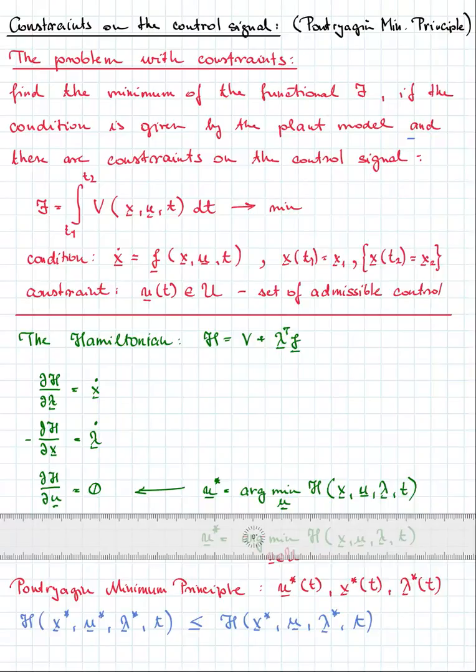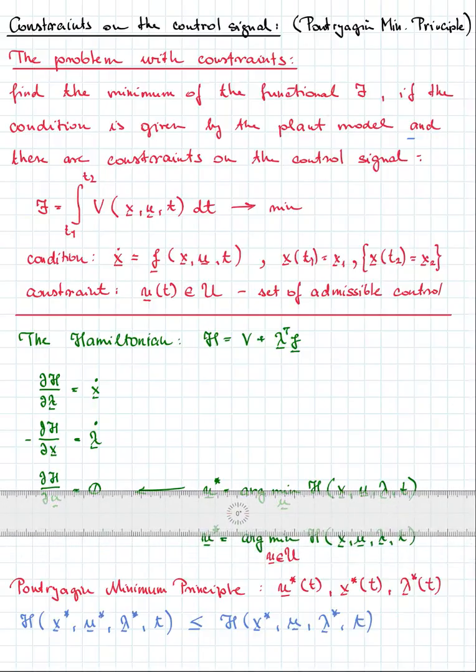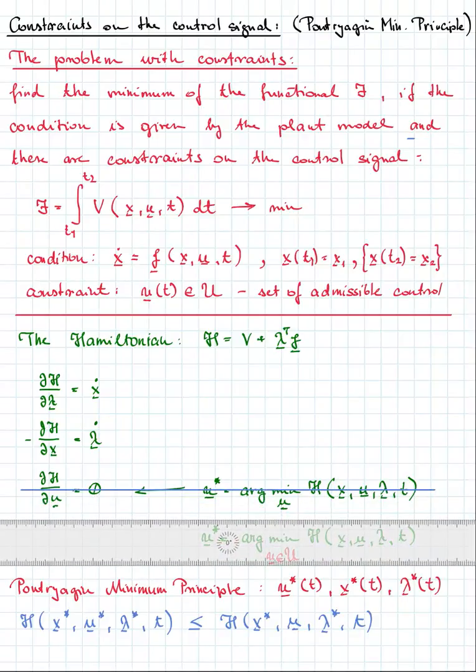This is the argument of u, and it will be u star. Okay, this is an unconstrained optimization problem. But now we have got constraints, so that's why this equation cannot be used anymore in this case. So dH/du equal to 0 cannot be used because we have got constraints.